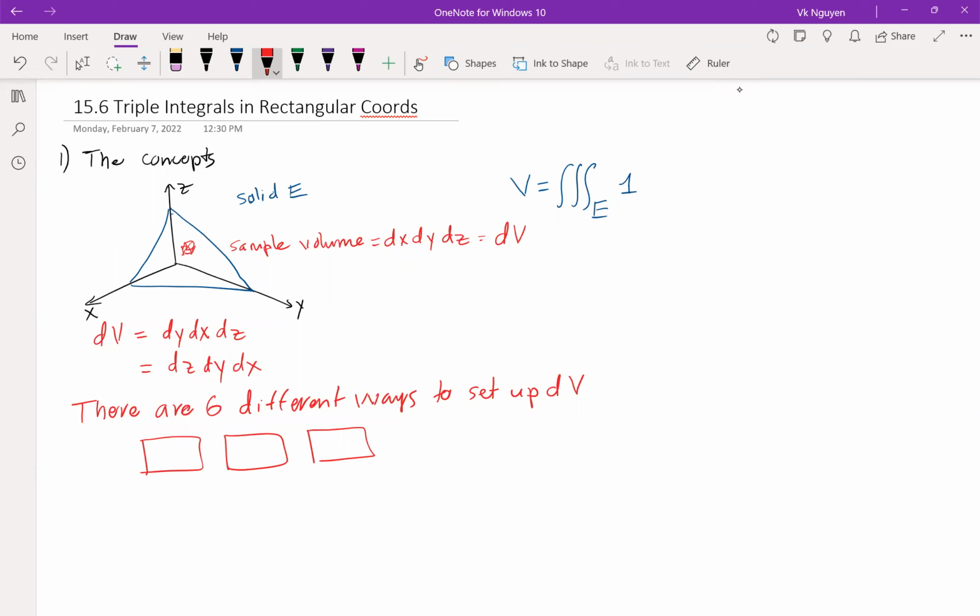It can be dx, dy, or dz. Once you pick one for the first box, for the second box you have 2 choices, because you already picked one in the left box.